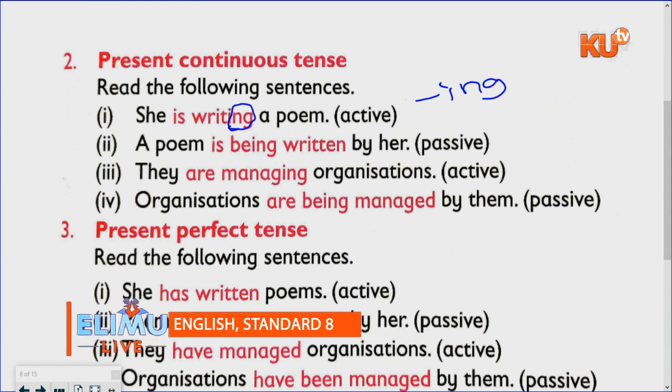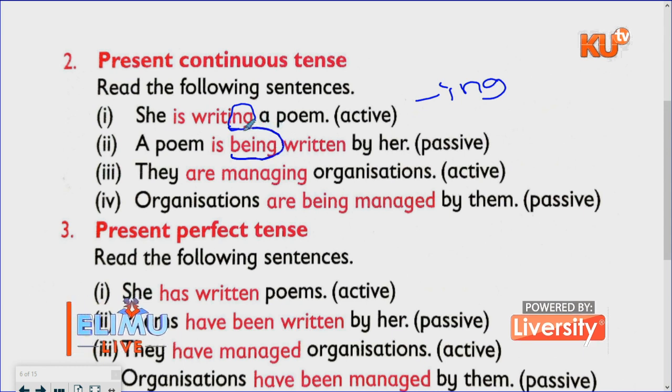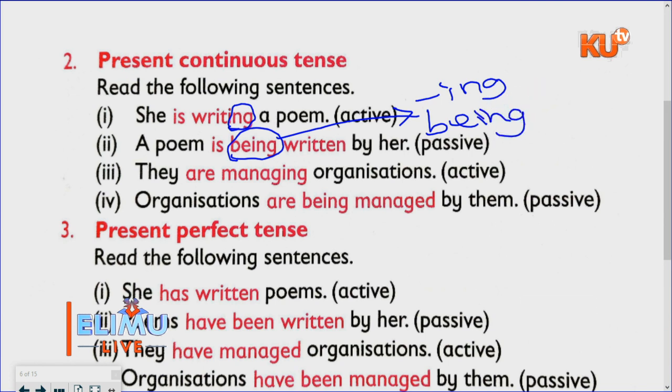In present continuous tense, we change to: a poem is being written by her. You only change the verb to the participle; the tense remains the same. So it becomes a poem is being written by her. I want you to note the use of that word being. It is the one that we use every time we are changing these verbs of present continuous tense to passive.